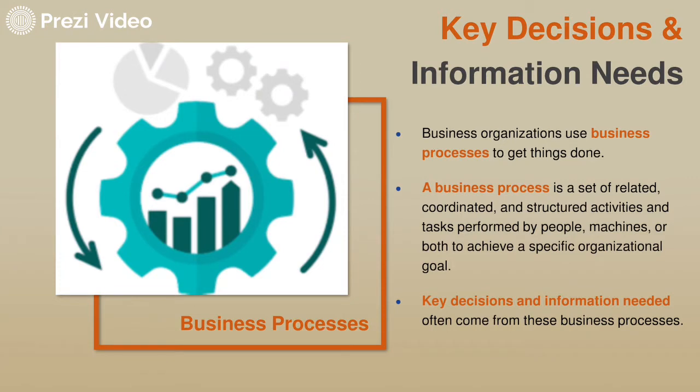So in a business organization, we use business processes to get things done. By the definition I mentioned earlier, a business process is a set of related, coordinated, structured activities and tasks, performed by people, machines or both, so that they can achieve the organization's goal.